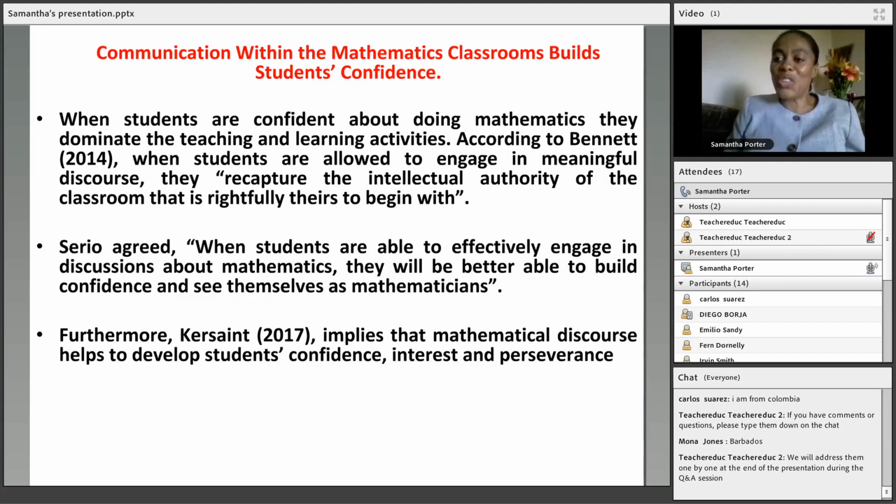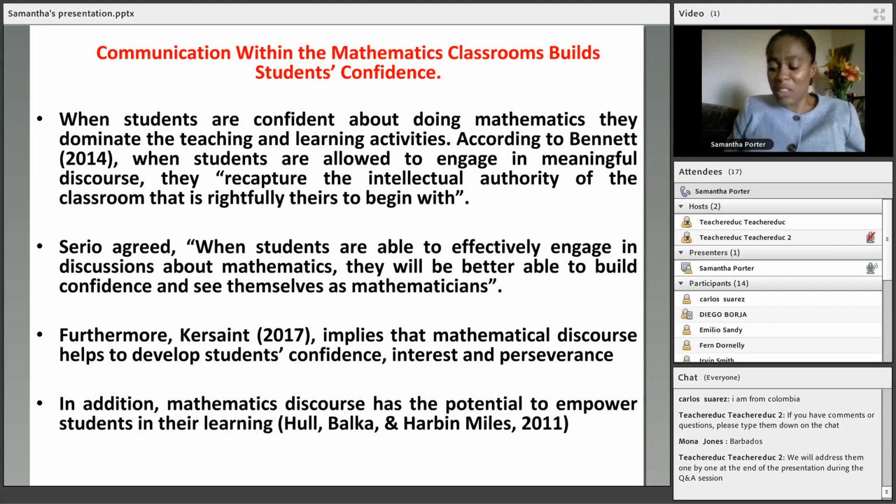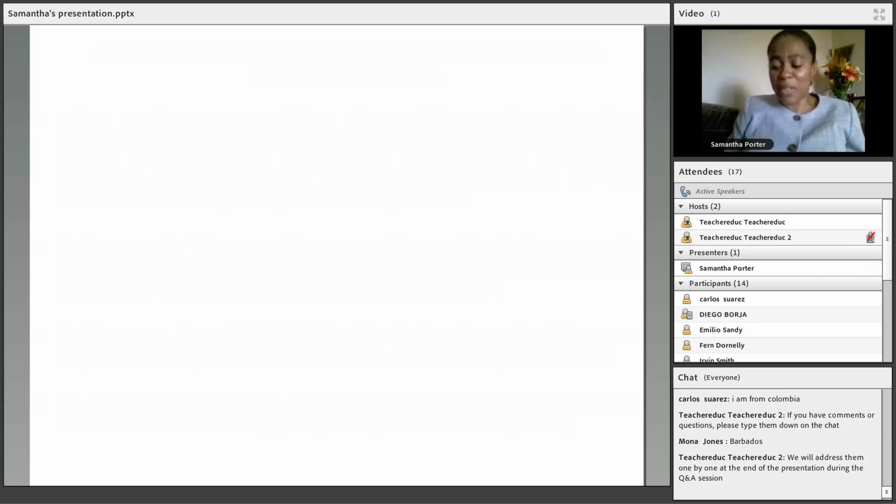We want students who are confident and who are able to persevere beyond the difficulties. Therefore, we have to ensure that communication is a vital part of our teaching. In addition, mathematics discourse has a potential to empower students in their learning. Every teacher will want their students to be empowered, feel empowered, especially in mathematics.